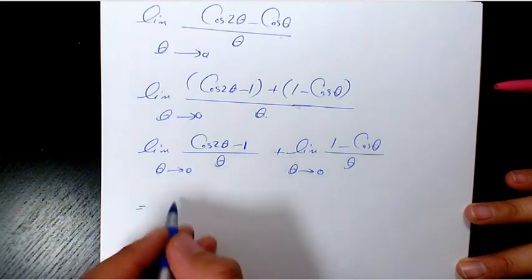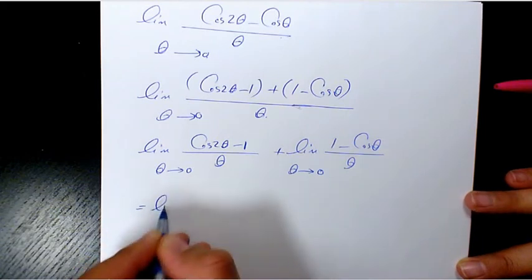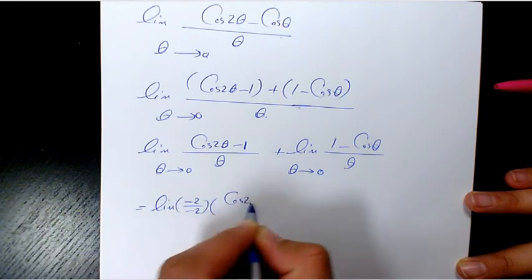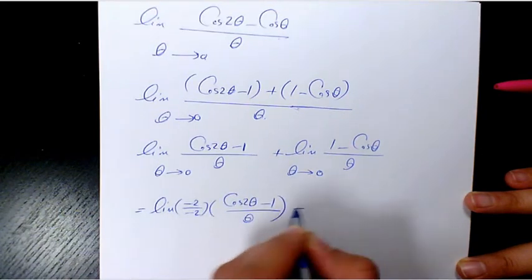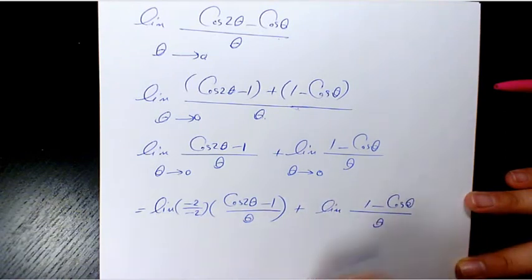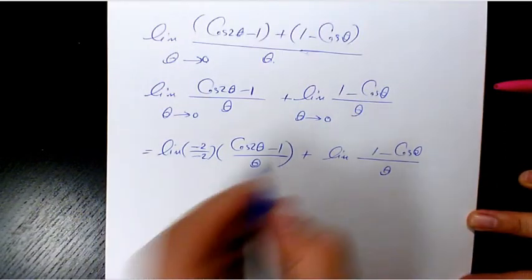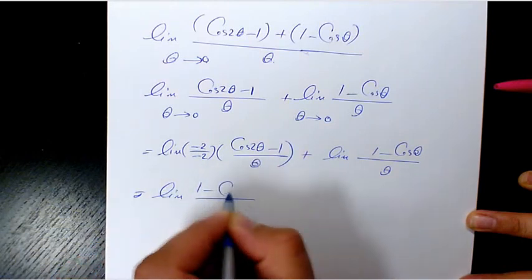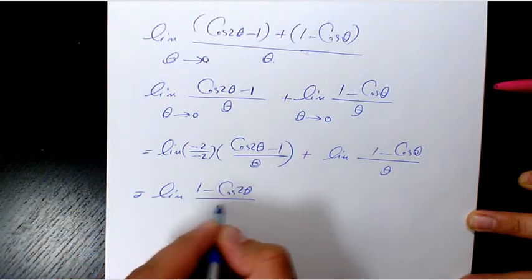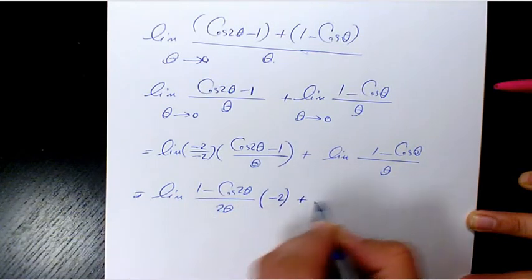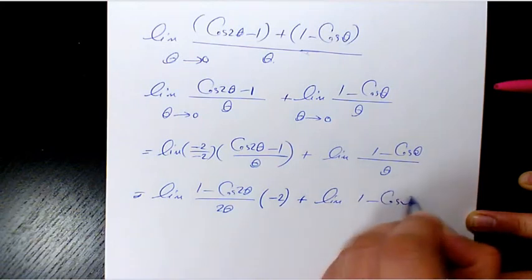When you multiply both numerator and denominator by -2, it is going to be the limit of 1 minus cosine 2 theta over 2 theta times -2 plus the limit of 1 minus cosine theta over theta.